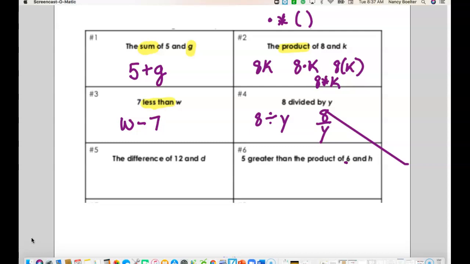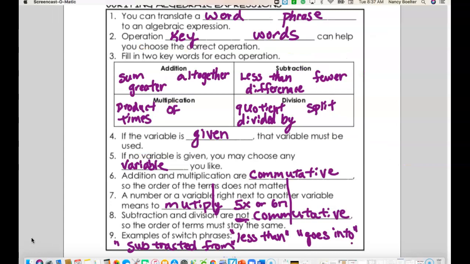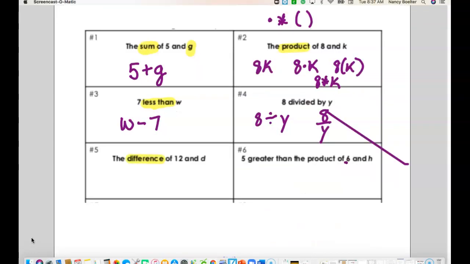So now we have number 5. Difference means to subtract, but it's not one of those switch phrases. So we would just write 12 minus D.